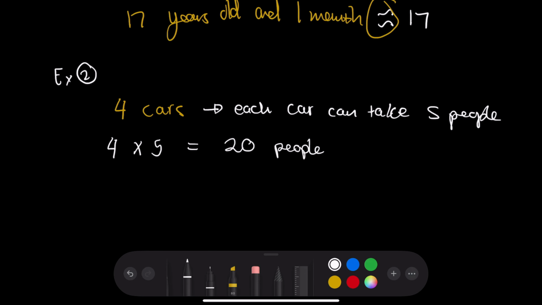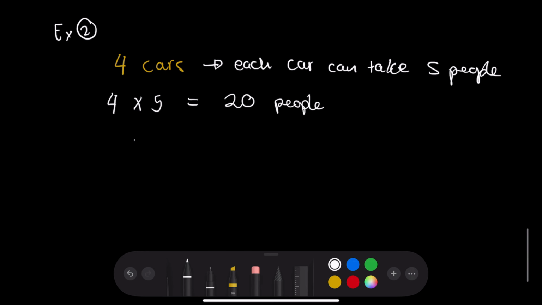But say for some reason you have 23 people. You're going out to an event, maybe it's a wedding, and you find out that we budgeted for 20 people, but now we actually have 23 people.